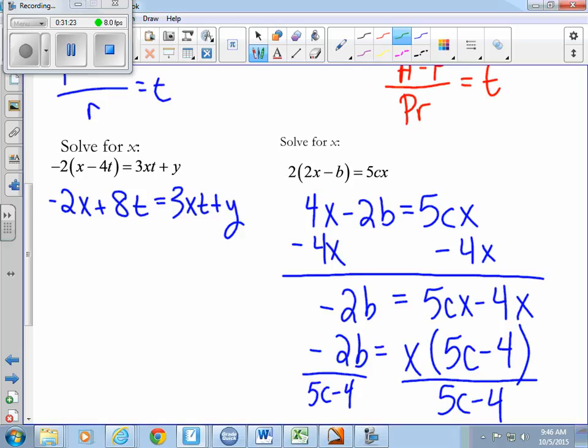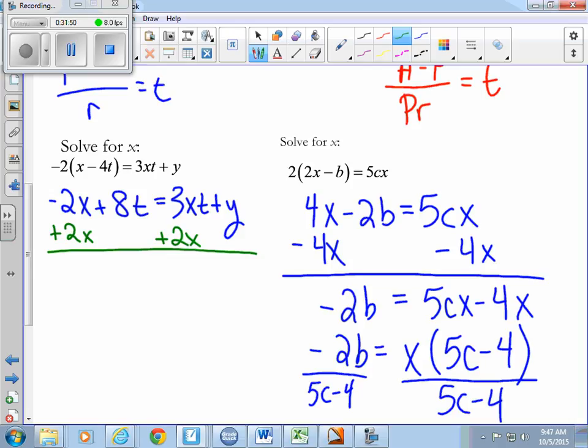And then I want to get all the x's on the same side. So how would I do that? Add what? Add 2x? How about that? You can do more than one thing in one step. For right now, I'm just going to do one thing at a time just because notes take time.